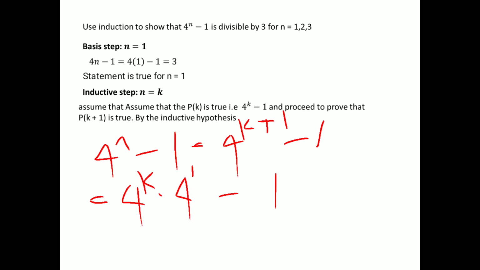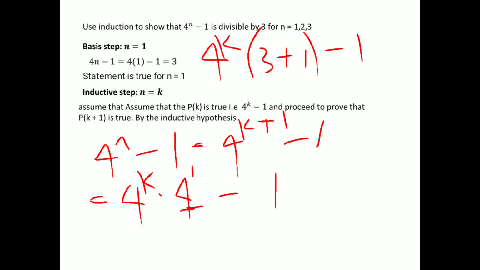Now I can rewrite it as 4 raised to power k into the bracket 3 plus 1, then minus 1. The reason why we are doing this is that we need to get back our 4 raised to power k minus 1. So I made this 4 here to be 3 plus 1.